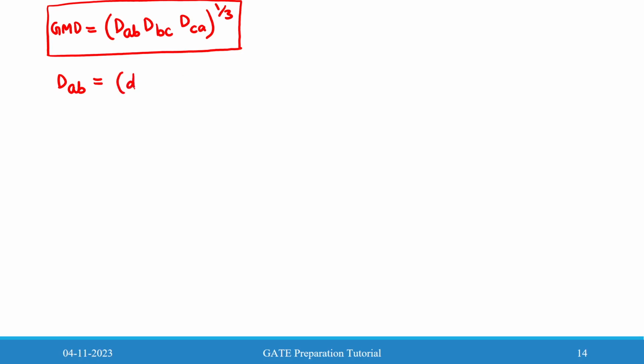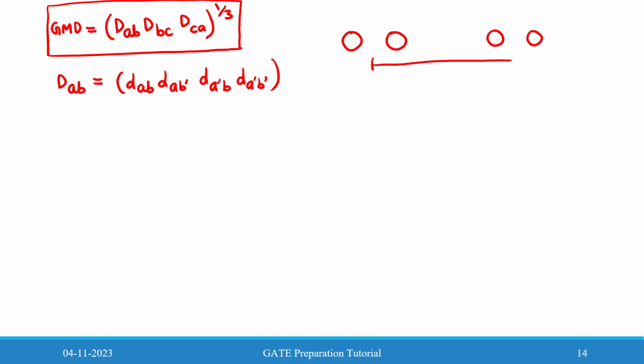So suppose we write DAB, and then we have DAB dash, and then DA dash B, and then DA dash B dash. This is A dash and B dash.